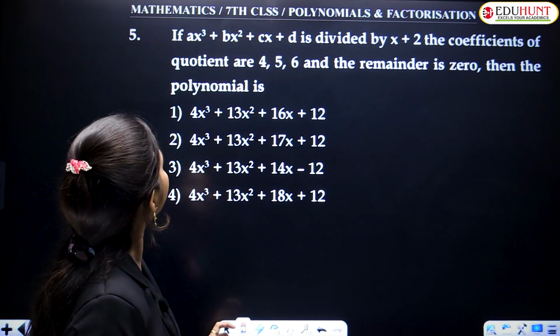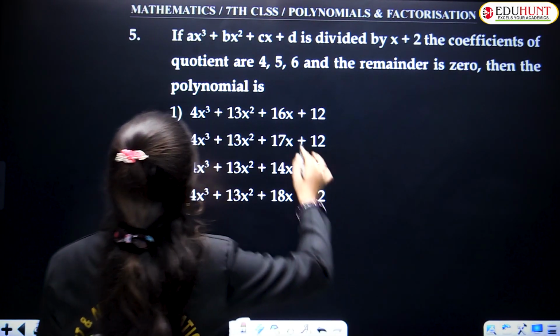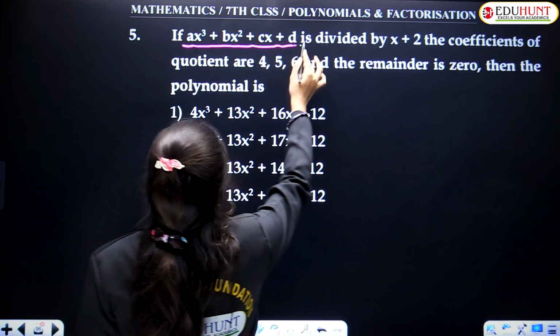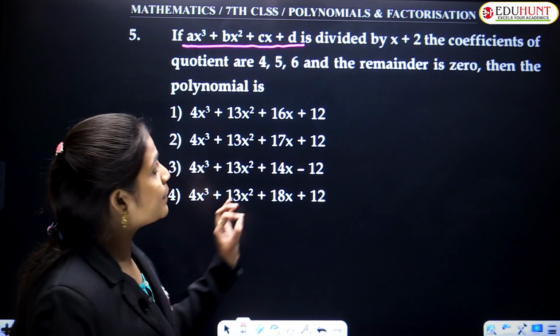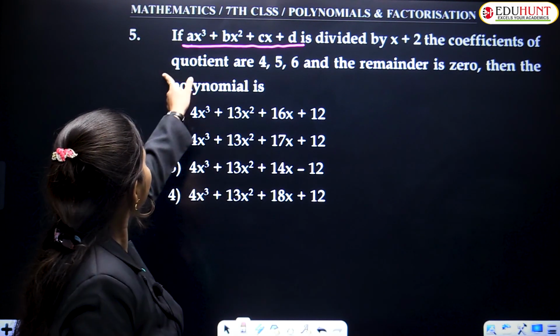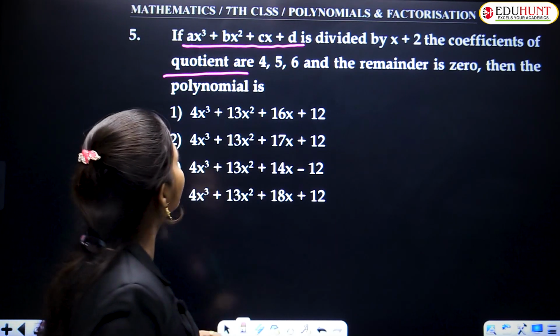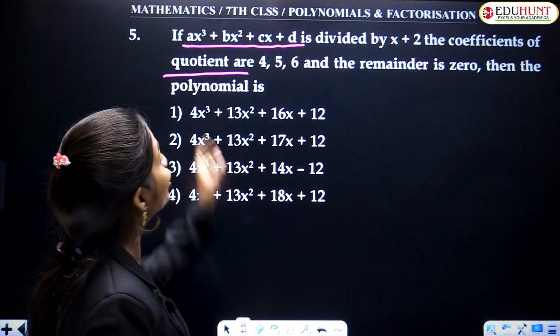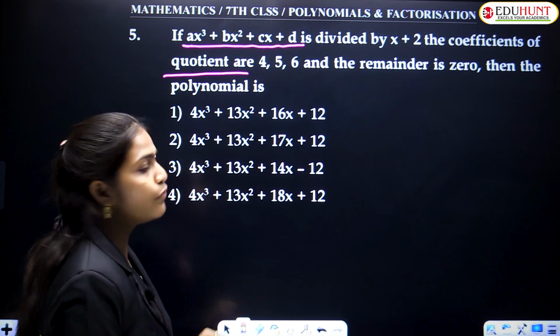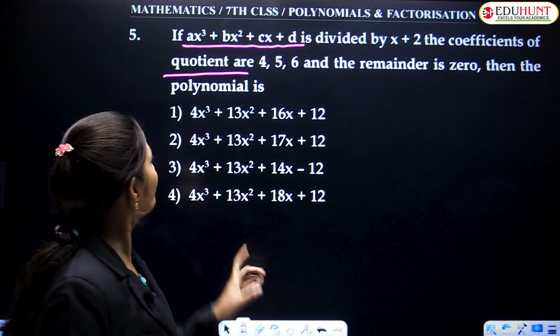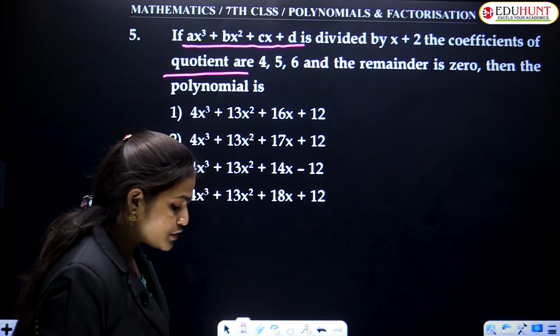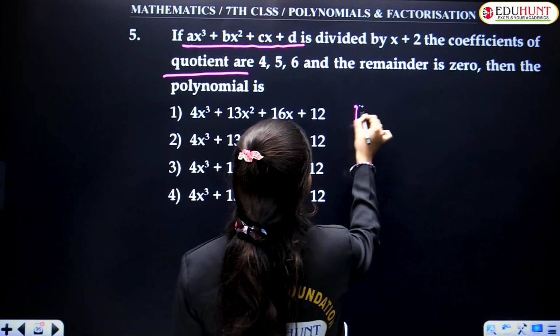What is given here? ax cube plus bx square plus cx plus d. If ax cube plus bx square plus cx plus d is divided by x plus 2, then the coefficients of the quotient are 4, 5, 6 and the remainder is 0, then the polynomial is. So children, first say what is given.